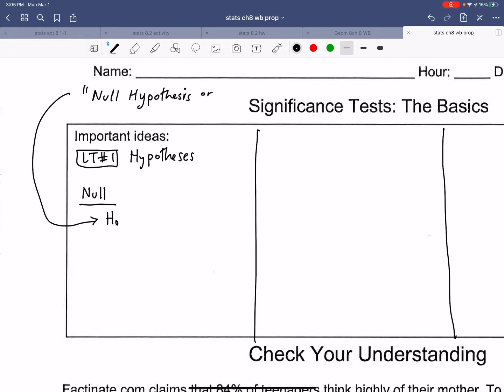Or we use the term H, the letter H, sub, and then O, like OH, H sub O. Okay.